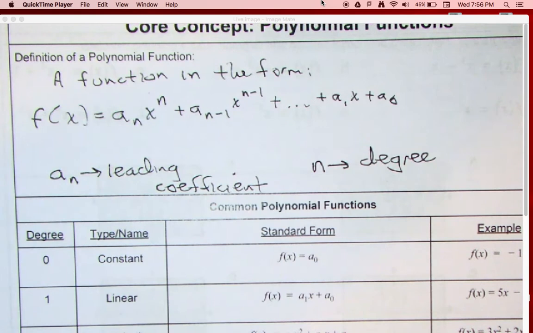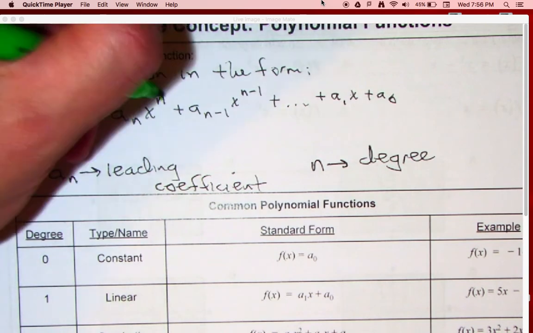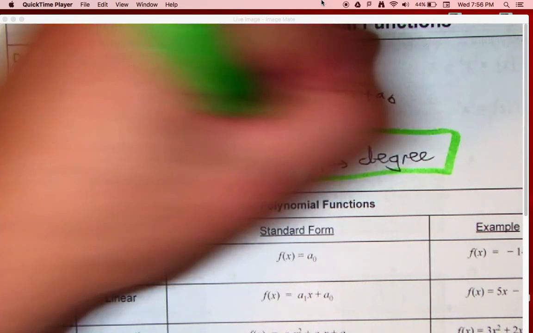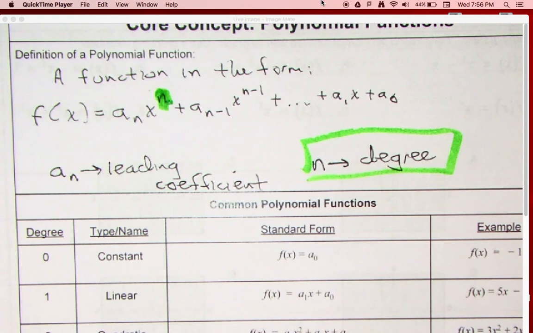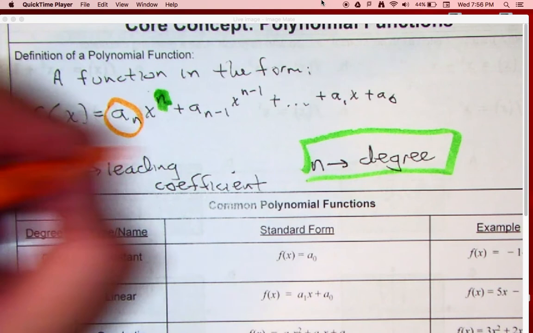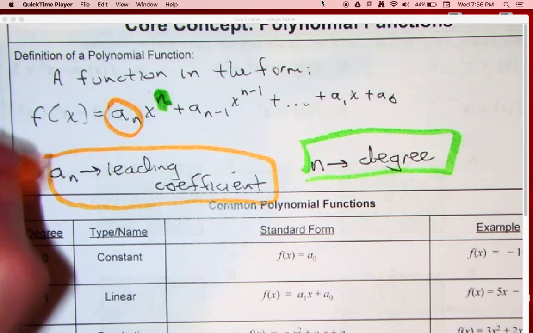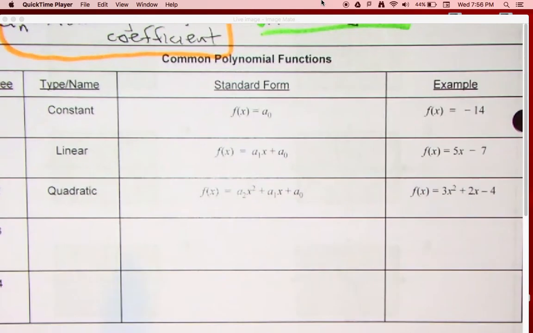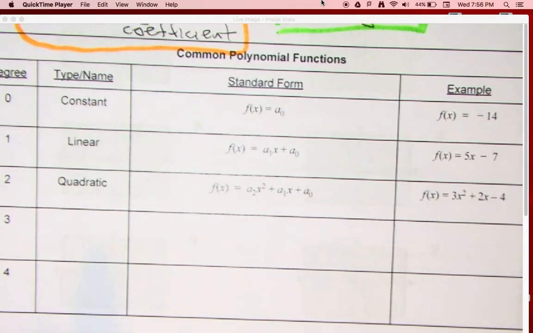So I'm going to go ahead and highlight a couple of things right there. This n value is my degree, and right here, this number that's out front, that is my leading coefficient.